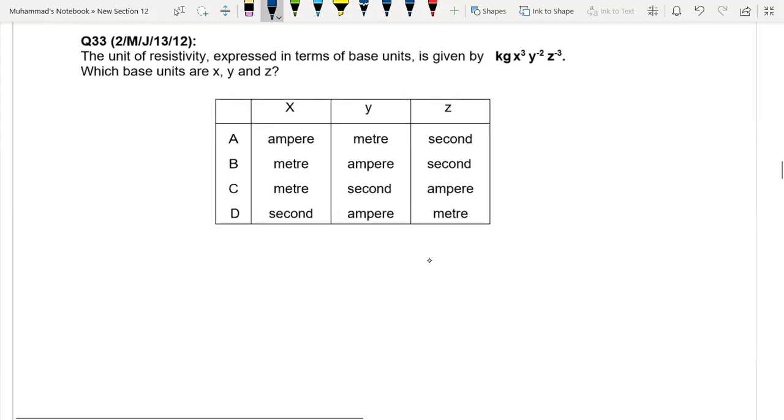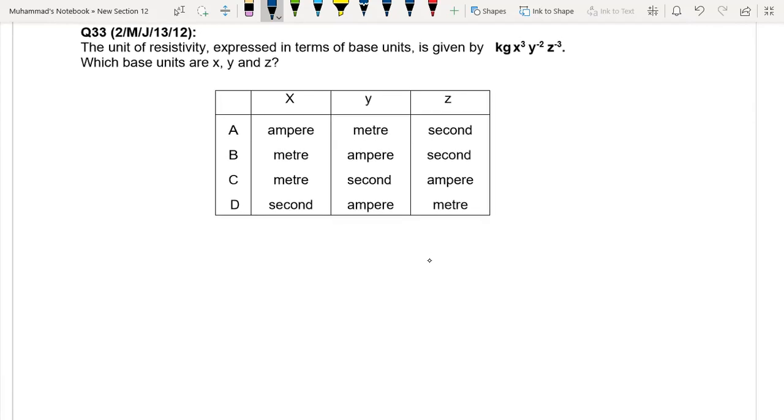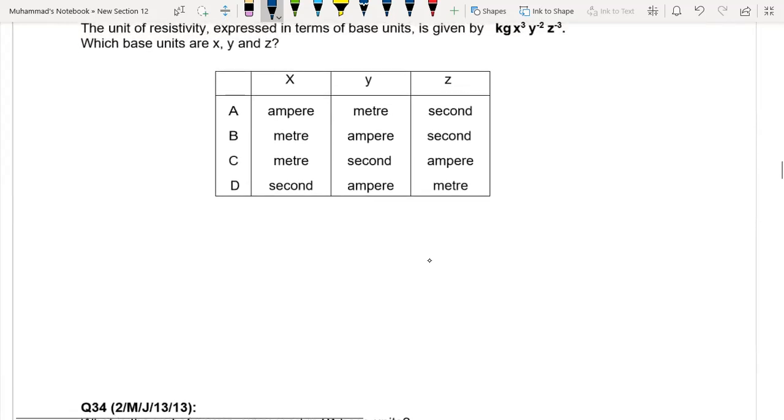This is a very good question. The unit of resistivity expressed in terms of base units is given by this. Which base units are X, Y, and Z? So you have to work and simplify the unit of resistivity, and then you can answer this question.